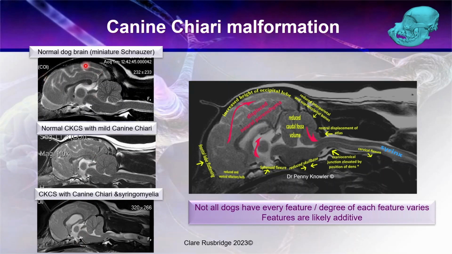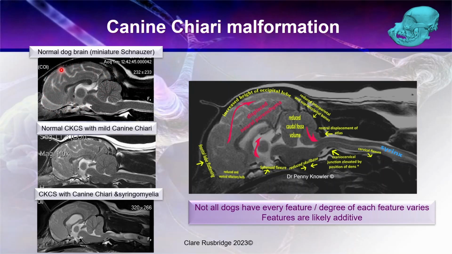This is a normal dog brain in a miniature schnauzer, so it's more of a miniature dog. The larger breed dogs like German Shepherds and Golden Retrievers would have a much more elongated brain, but we can see here that we have these prominent olfactory bulbs. The brain is generally shaped like an oval.